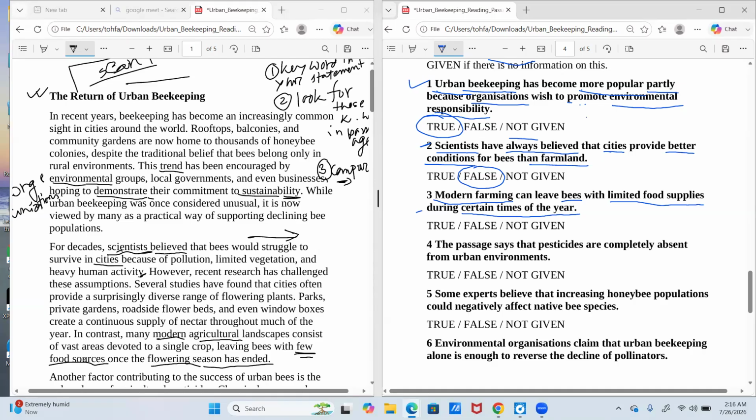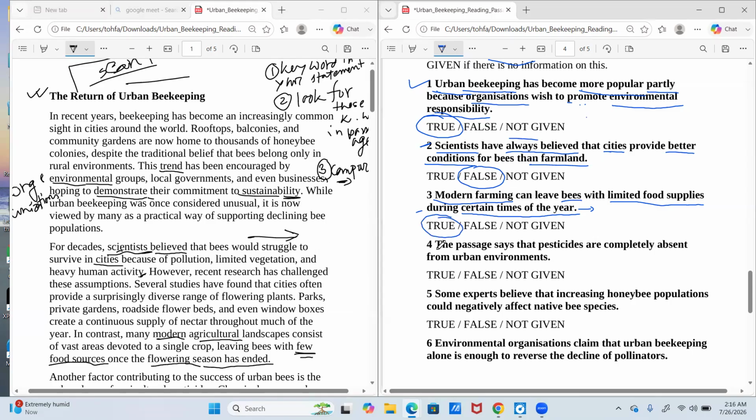That's why they are left with few food sources. And our statement says the same thing, right? So when the flowering season is gone, the bees are left with limited food supply. So both convey the same meaning, therefore our answer would be true.